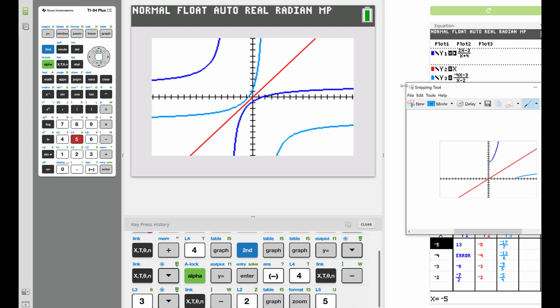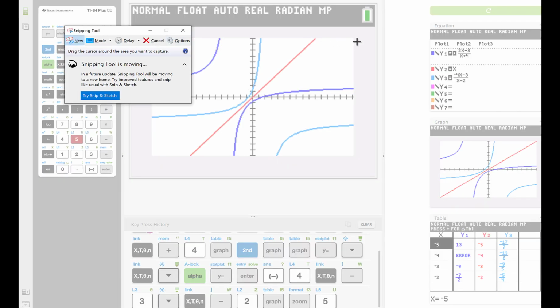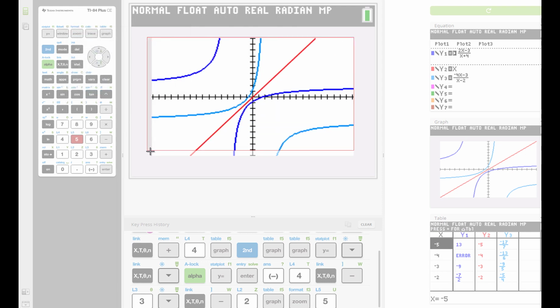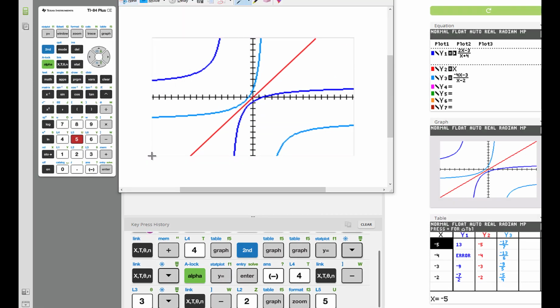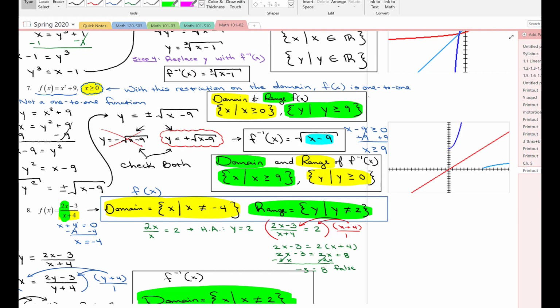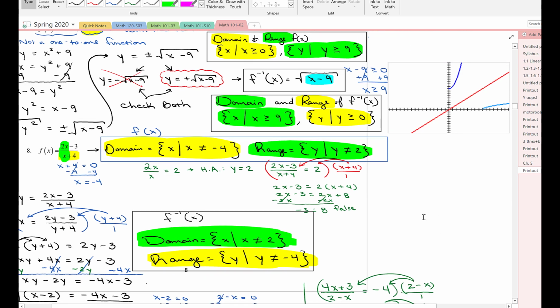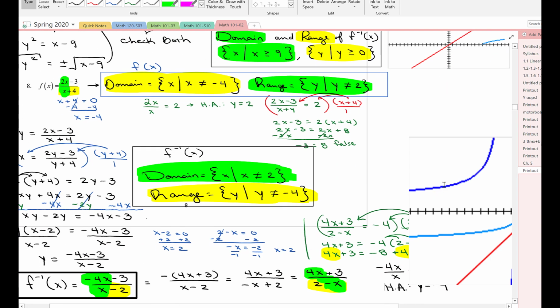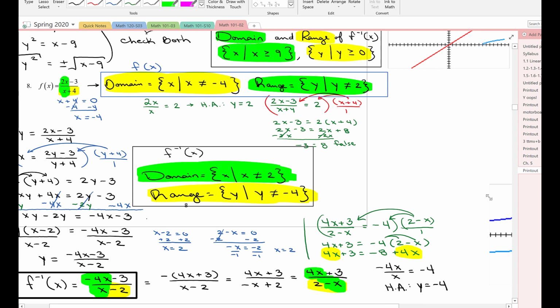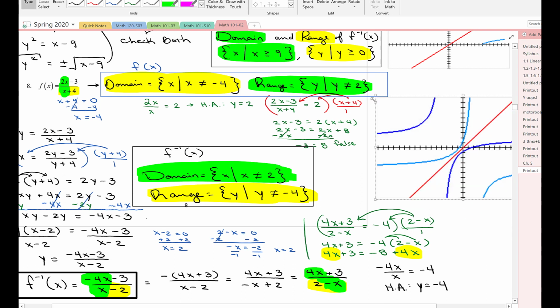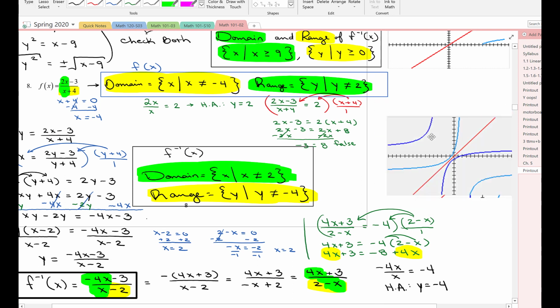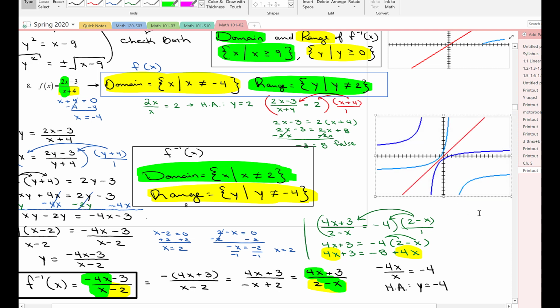I can't emphasize enough how important it is for you to really look at this and understand this, to really feel comfortable working with all of these different functions, working with finding inverses, working with composition of functions, especially if you're going to go on to higher level math. So you don't want to take this class and just say, oh, I kind of understand what's going on.